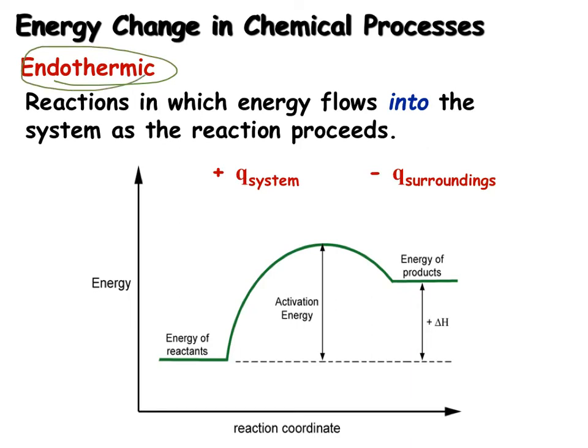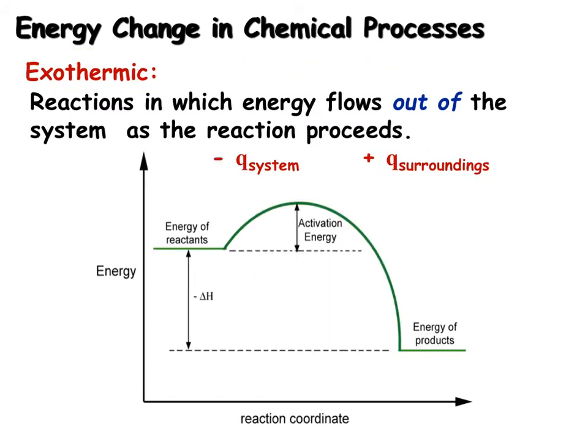The prefix endo means in. So endothermic, the energy goes into our system. So say we have water molecules. We are going to take energy from the surrounding water and put it into the water.